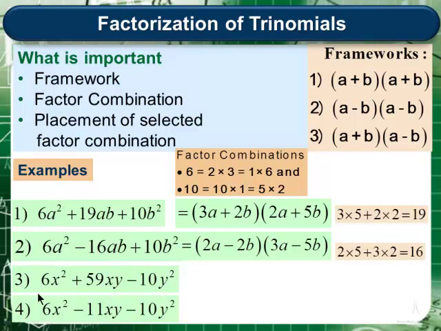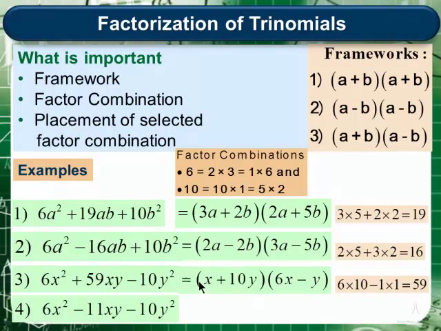For case number 3 here, look at this trinomial. We notice that 6 times 10 minus 1 times 1, which is 60, minus 1 is 59, and we're looking for the 59 to generate as the numerical coefficient of the middle term once we have this factorized form. And let's see, in this case we have a negative for the third term, minus 10, and we put together the factors as follows.